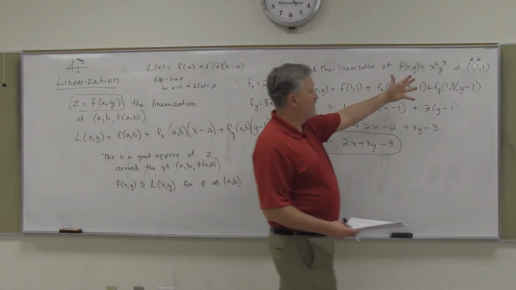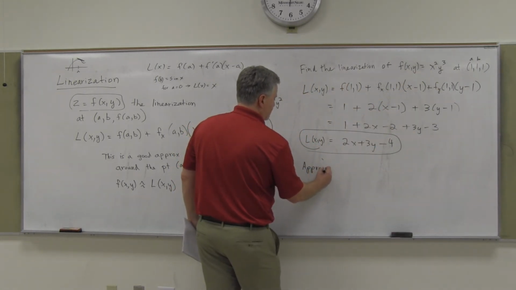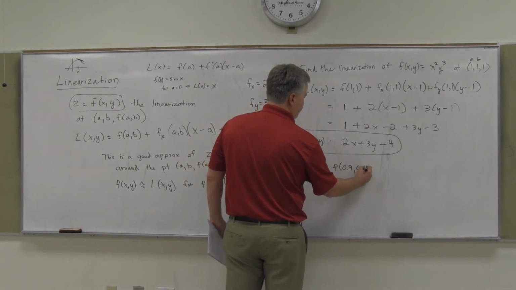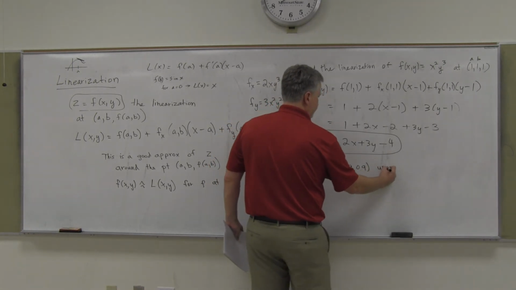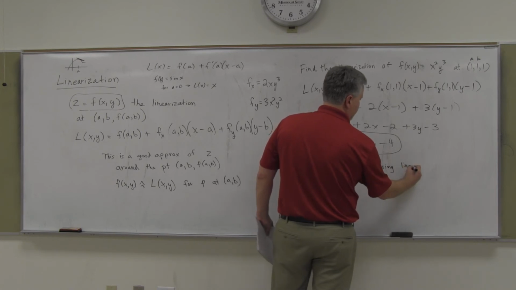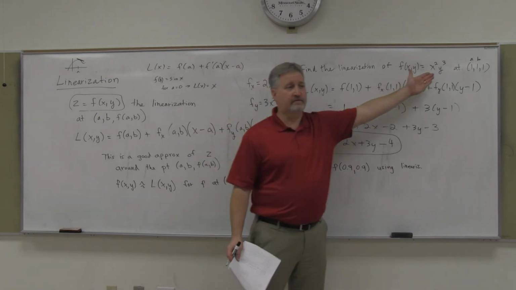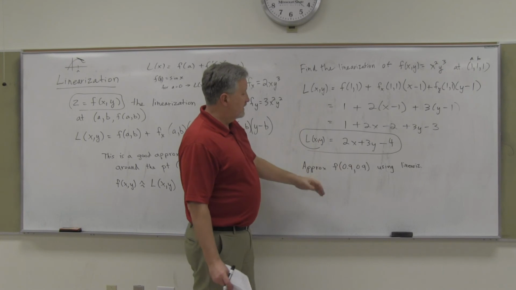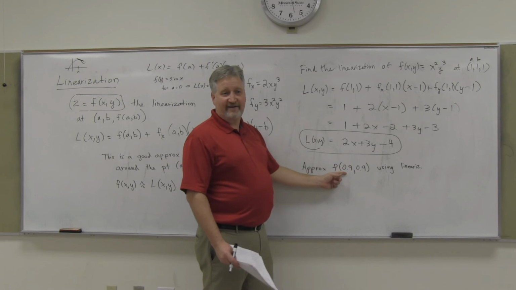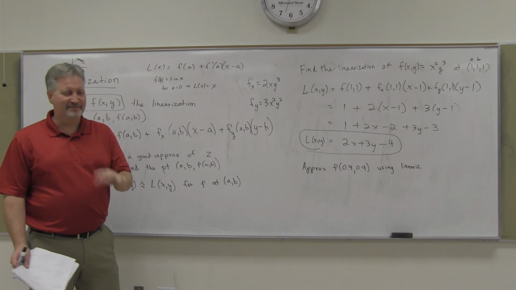So let's approximate f of 0.9, 0.9 using our linearization here, because 0.9 is close to 1, 1. Punching it into a calculator is not that hard, but without a calculator it would take a little bit of work.